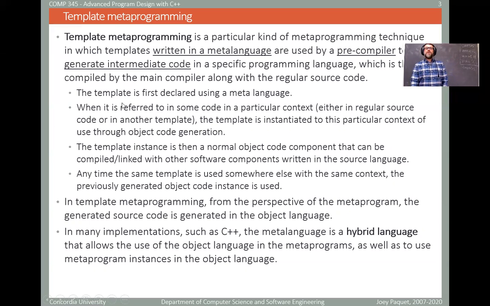First, you declare the template using the meta language, so for example, you would have a template class that is defined and declared. Then eventually in your code, you would use this class. A very good example of templates is the STL containers, which are all templates. Let's say you have your vector.